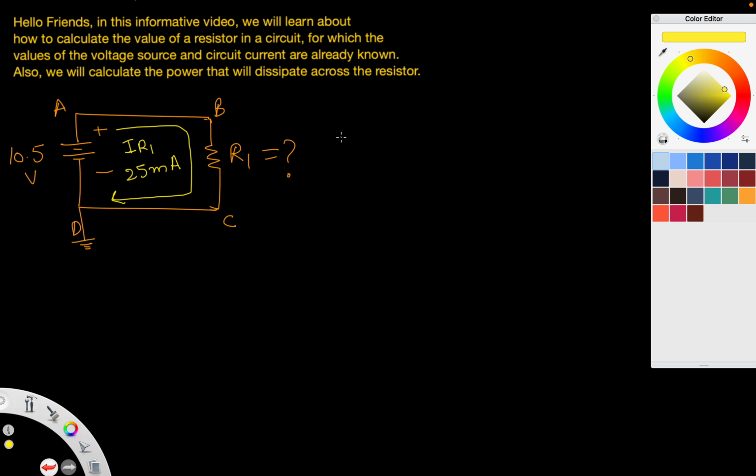Now we will see how to calculate the resistance first. We know Ohm's law, and it states that the voltage across any circuit is equal to the current flowing through the circuit multiplied by the resistance. So V equals IR. But in this case, we know the value of the voltage and the value of the current, and we will calculate the resistance.